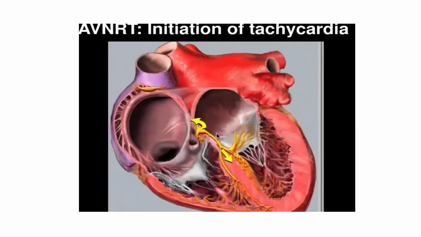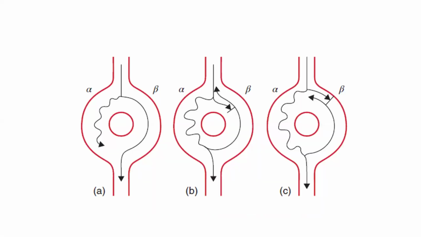Okay, so the next, I'm sure we already understand the mechanism of how we generate the AVNRT, but it's based on the impulse of a premature complex. So in those patients, they have two pathways, the fast and the slow pathway. Some will have two slow pathways, and some would also have two fast pathways.